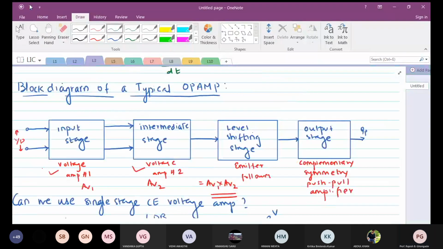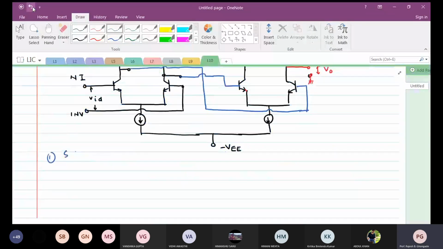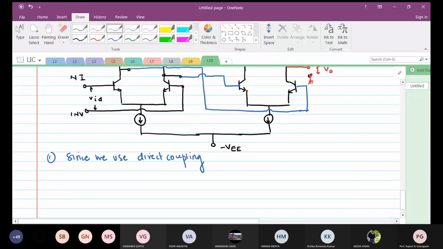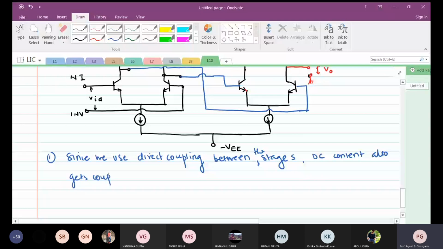Since we use direct coupling between the stages, DC content also gets coupled, and this may shift the DC level.